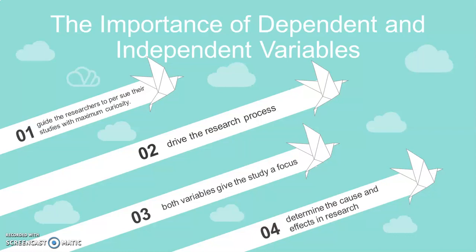While the variation of an independent variable will influence the variation of dependent variable, both variables give the study a focus. If we were to study the effects of work experience on college performance, we might look at the grades of students who have worked prior to starting college and the grades of students who did not work prior to starting college.